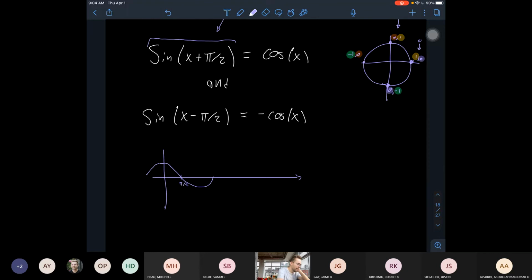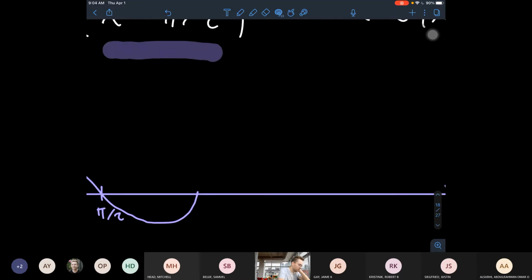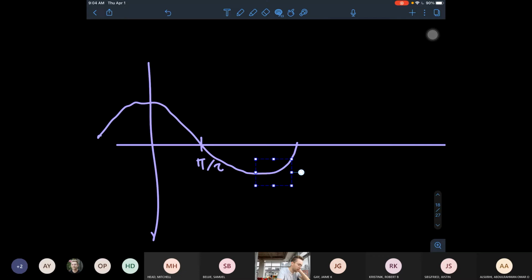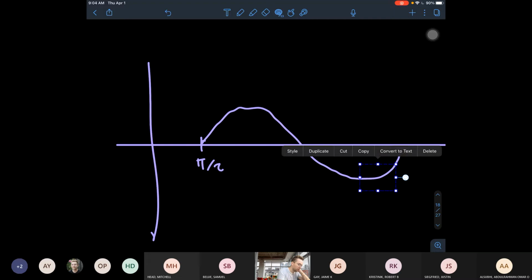Okay, and likewise, if I instead moved the whole thing over pi over 2 units to the right, let me reset my graph here. My original sine function looks like this. If I move everything over pi over 2 units to the right this time, then I'm going to get something which looks a little bit different.